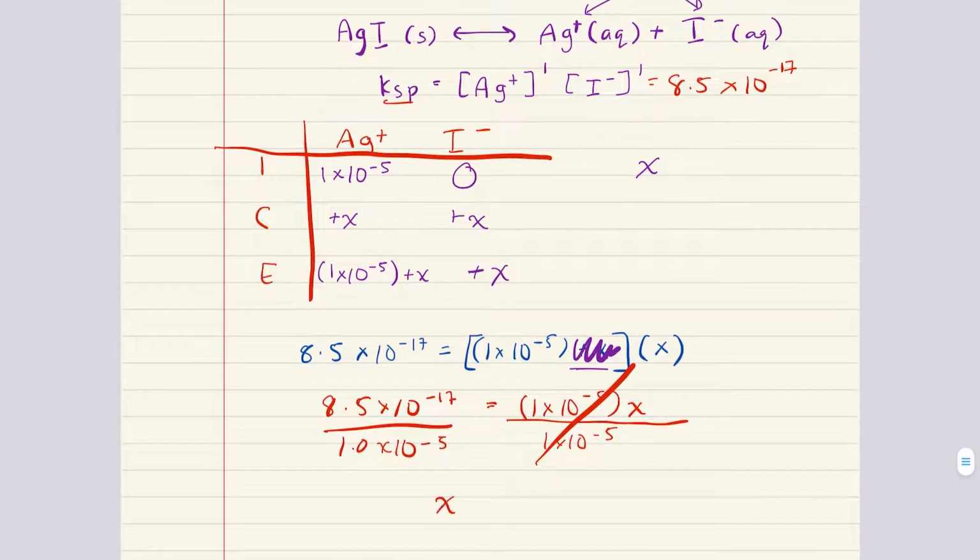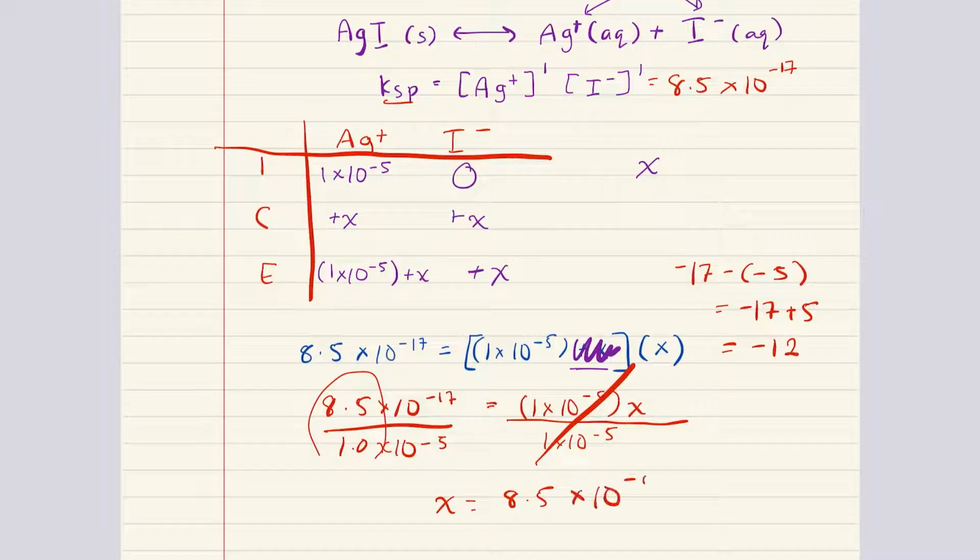You maintain your 8.5. You're essentially doing 10 to the power of minus 17 divided by 10 to the minus 5. So this is going to be minus 17 minus 5, which is equal to minus 17 plus 5. That gives you minus 12. So the answer is that x is equal to 8.5 times 10 to the minus 12.